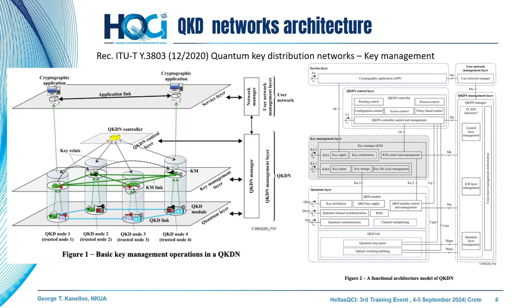keys are pushed. Now, while in principle this sounds relatively simple, the complexity of the implementation of such a network is again on the right side, where you can see all the different blocks that need to take place in order to implement such a network.